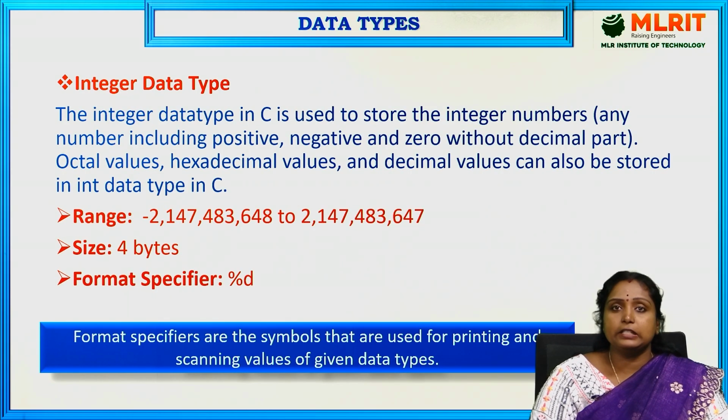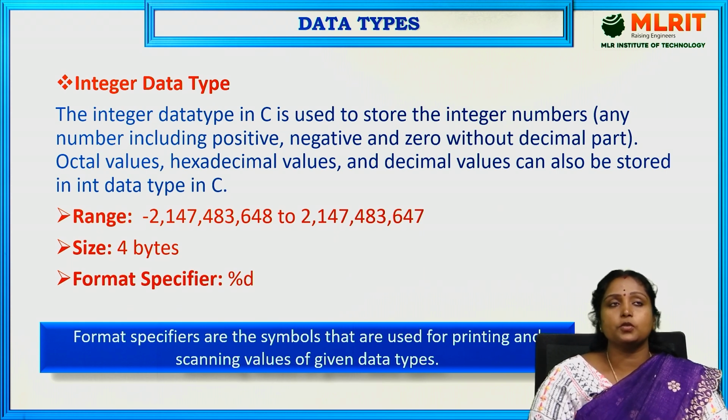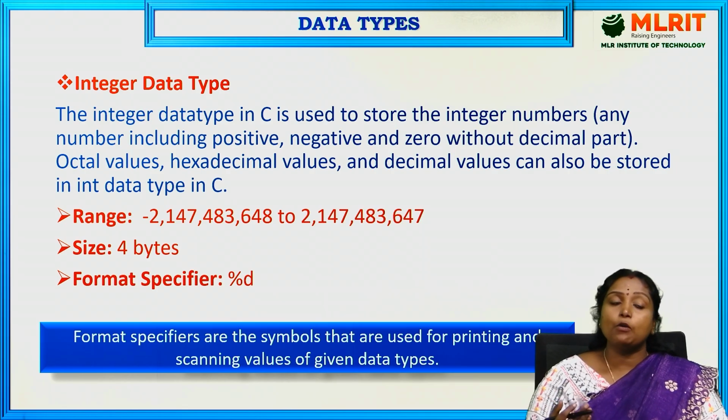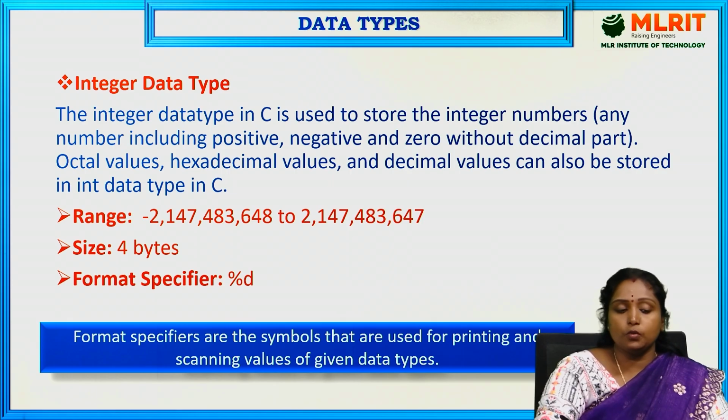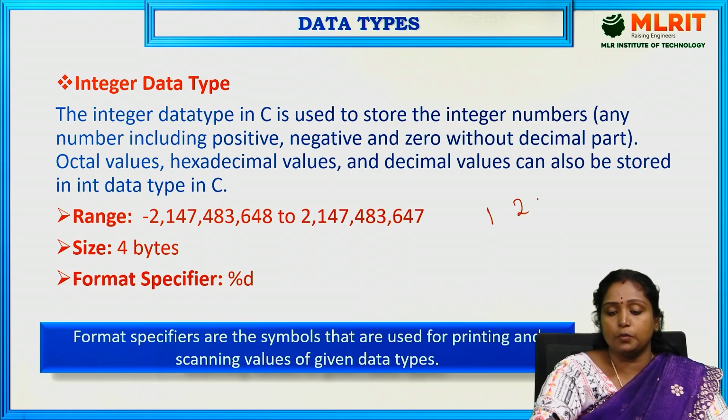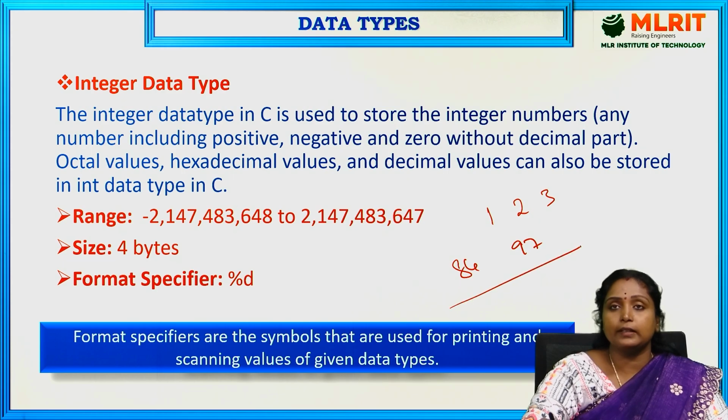Coming to the integer data types. Integer data types are used to store any numbers, which you can say natural numbers or whole numbers, positive or negative, without a decimal part. So you can have 1, 2, 3 or 86 or 97. This all comes under integers.